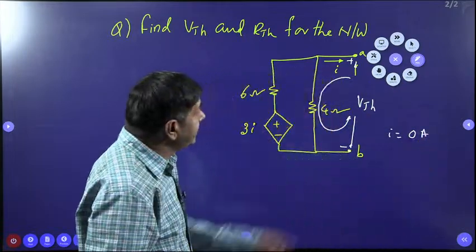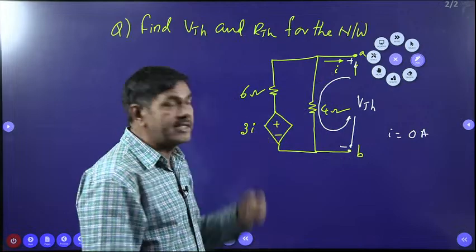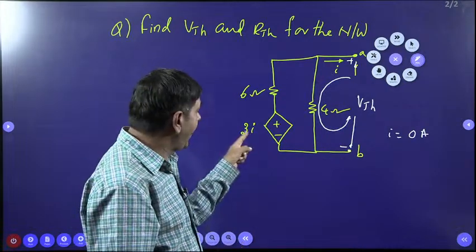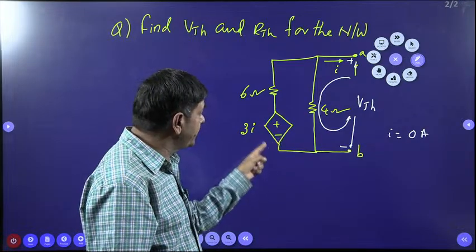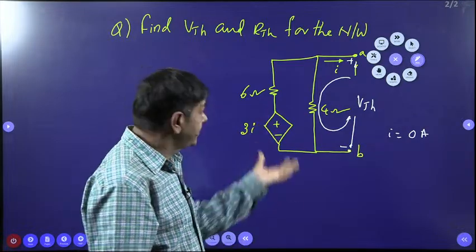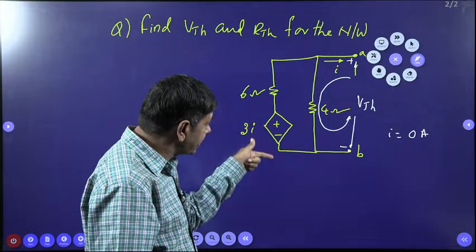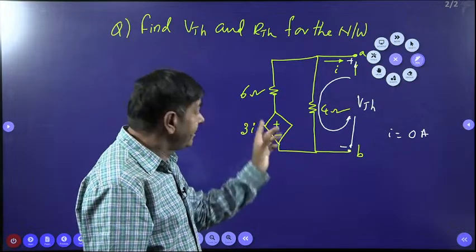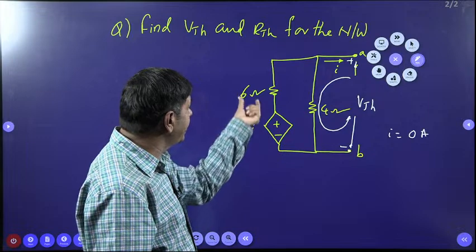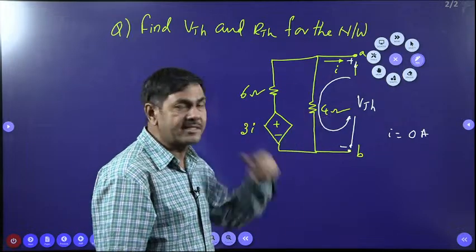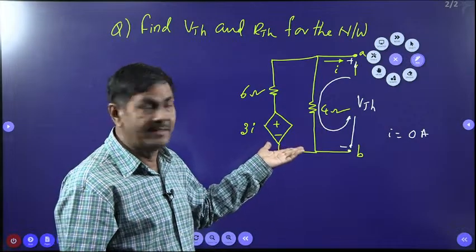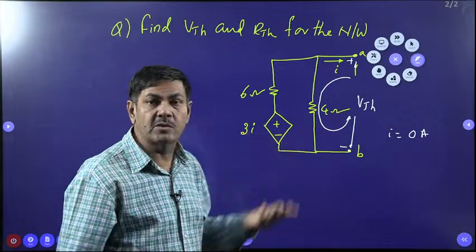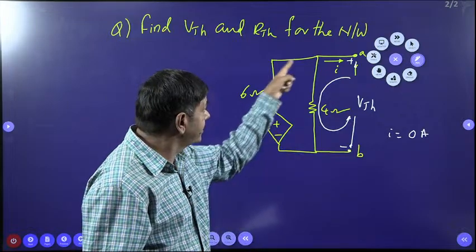But when this current is 0, what does this voltage become? I is 0, so 3 into 0 is 0. So this dependent source becomes 0 voltage, which indicates it is just a short circuit. If it is short circuited, I have only the 6 ohm resistance and the 4 ohm resistance, and no voltage source. If I don't have any voltage source, how is current going to flow in this network?